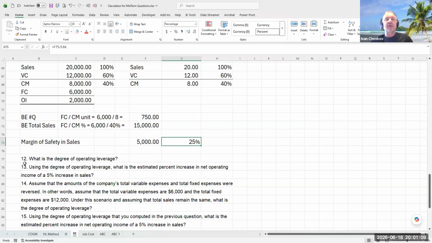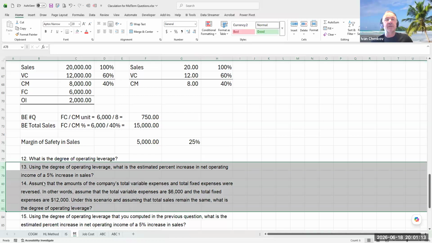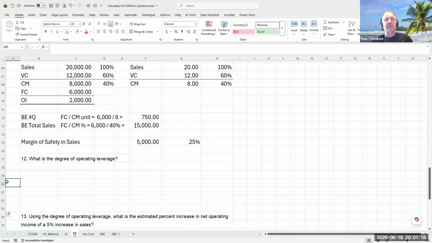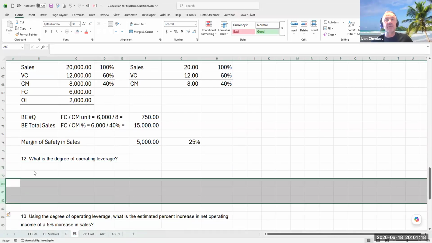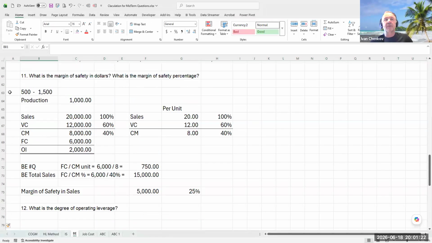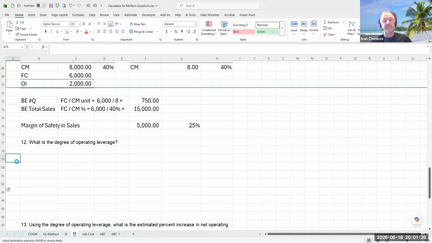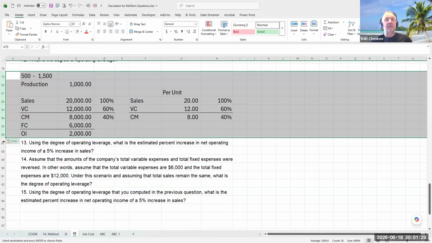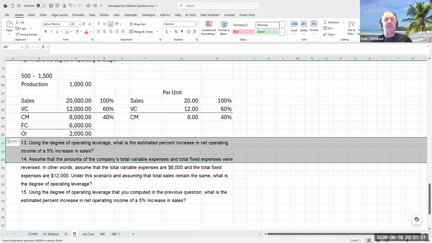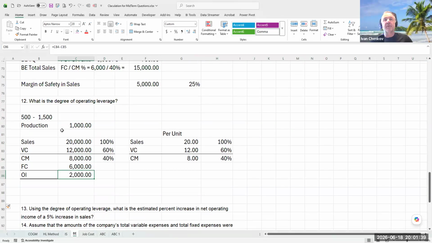What's the degree of operating leverage? Degree of operating leverage tells you simply how many times your contribution margin moves to the operating income. So where we are at this point, we're going to see that our contribution margin flows 4 times into the operating income.